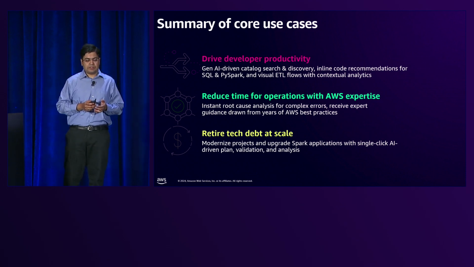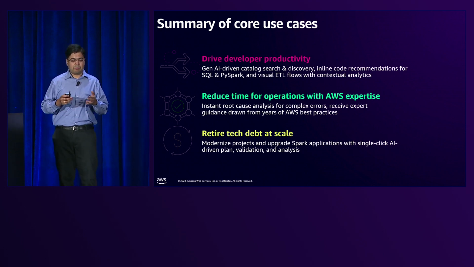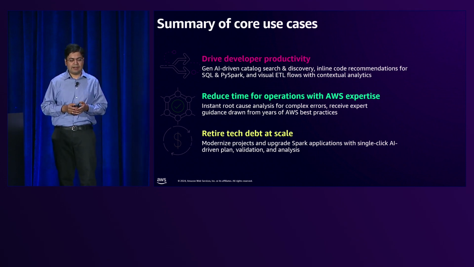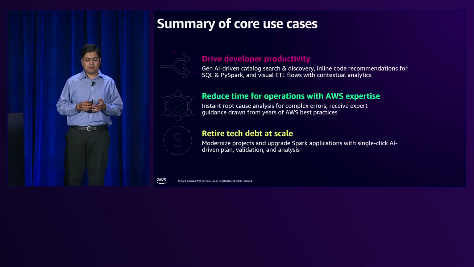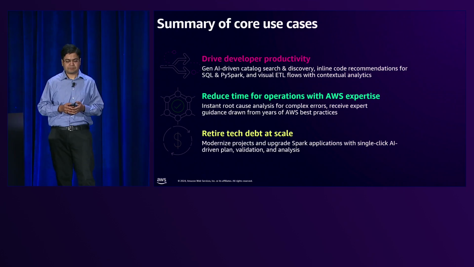And we can reduce the time for operations with multiple years of AWS expertise now put together in knowledge bases. And with that, we can provide instant root cause analysis, even for complex errors. And you don't have to spend days to troubleshoot such errors.